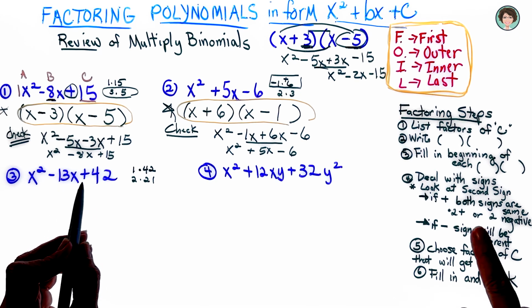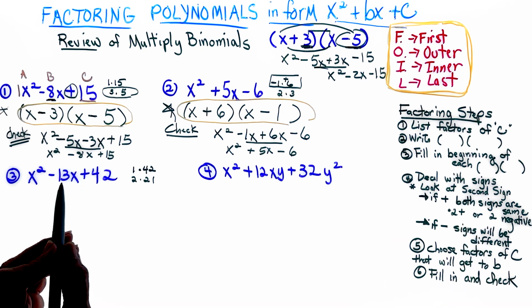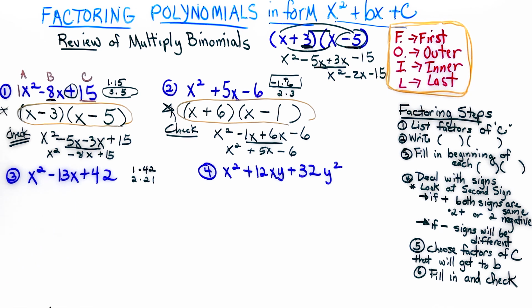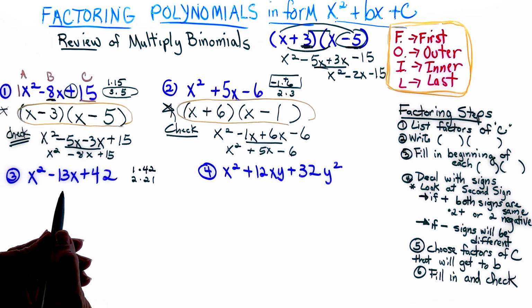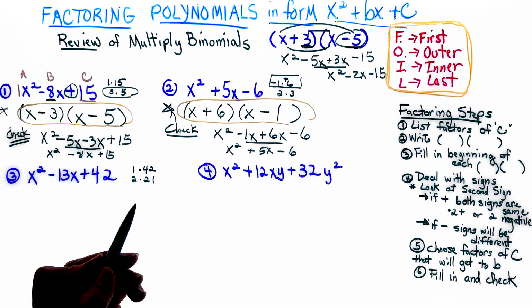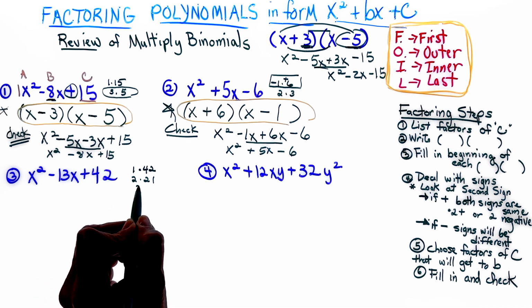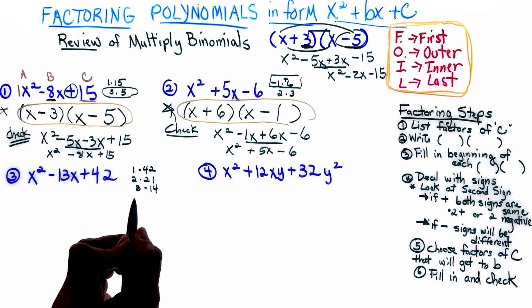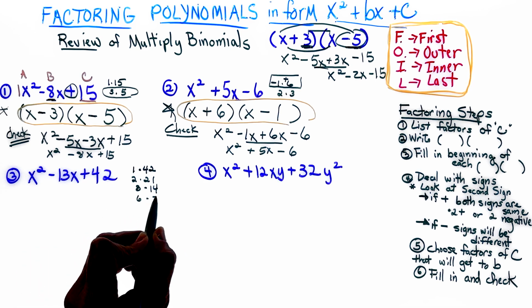So going back to that, I know that I have to have two negative signs to put together to equal 13. So both of these as being negative would not equal 13. So I have a 3 and a 14, and I have a 6 and a 7.